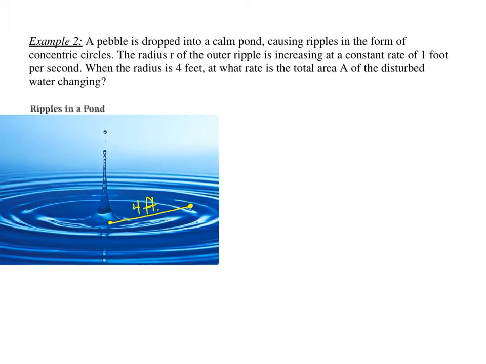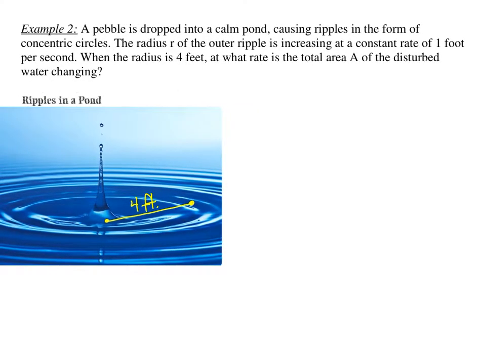Let's look at another situation here. Here we're not given a formula to start with, okay? But we have this calm, relaxing pond. All the water is still, and we drop a pebble into it. And when you drop the pebble into it, ripples come out from the center. So we have these concentric circles.